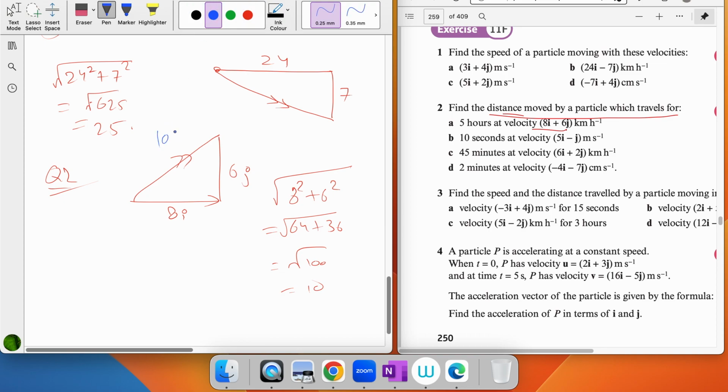So this is 10 kilometers per hour. Now something is traveling at 10 kilometers per hour for 5 hours. So distance is equal to speed times time. Speed is 10 and time is 5. So it covered 50 kilometers.